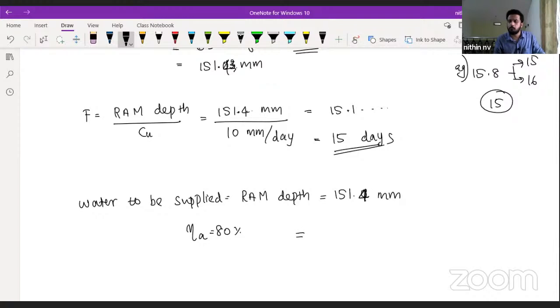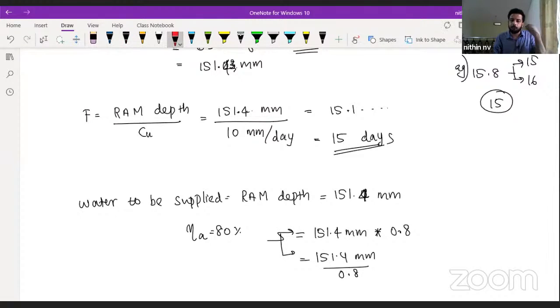Then should I give more water to the crop or less water to the crop? That only you have to remember. If this value is 151.4 according to my calculation, confusion will come here only, whether we should multiply or divide.